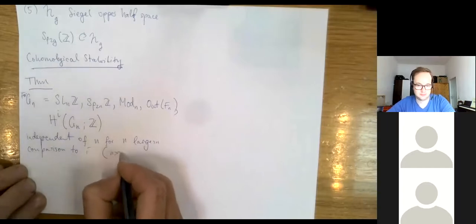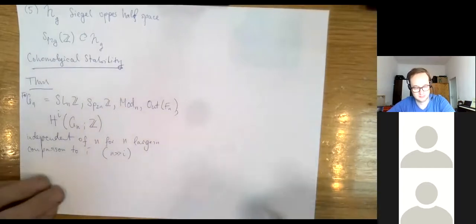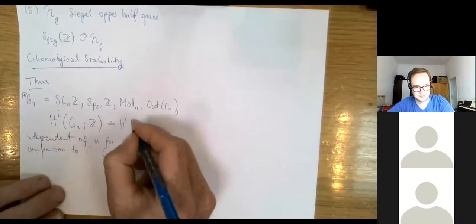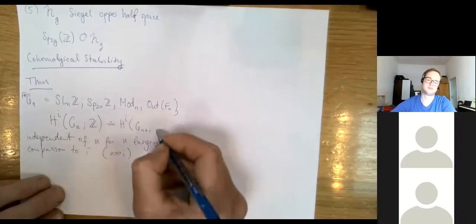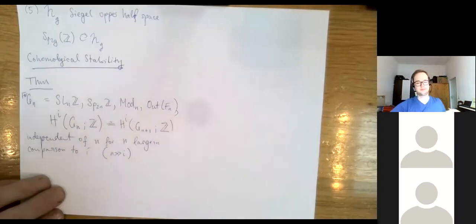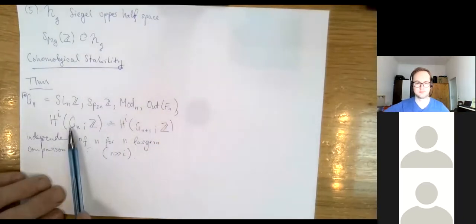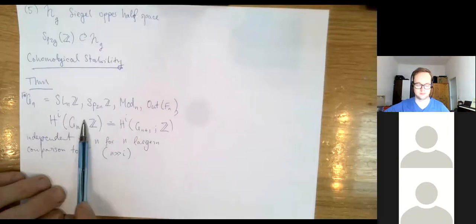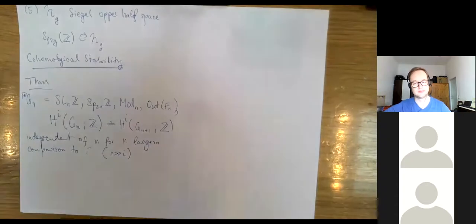Or in other words, this is isomorphic to H^i(G_{n+1}). And usually you have an inclusion from G_n to G_{n+1}, so you get a restriction map in cohomology, and that will induce this isomorphism.